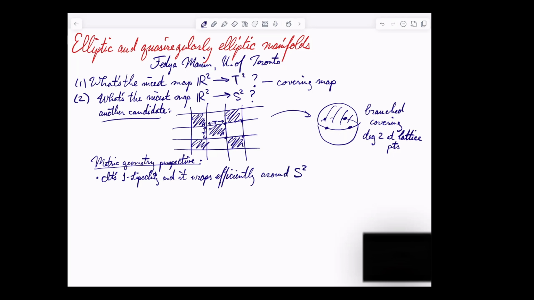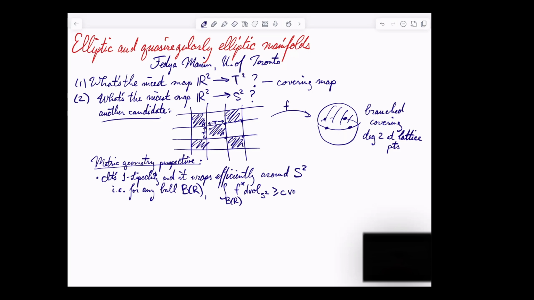What do I mean by this? For any ball, let's say an R ball, the integral over that ball of the pullback of the volume form on S2, let's say this map is F, is at least some constant.